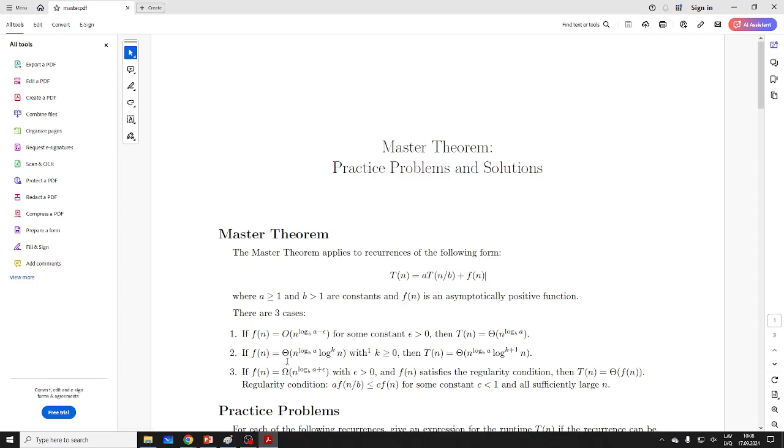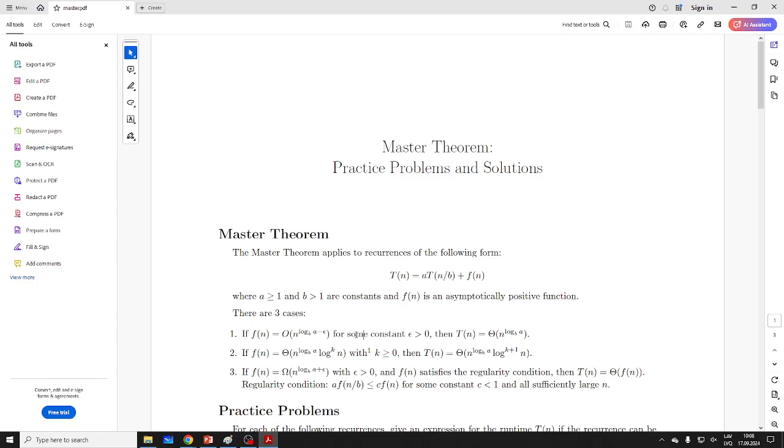Then they might match exactly, if our function is exactly n^(log base b of a) times log^k n, where k is at least 0. Then both sides are important. And the third one, the easiest one, which we'll start with, is when the work function is more important. Mathematically, you have the epsilon, which is over 0, meaning the recursive calls tree does not grow enough to overtake the actual work being done.